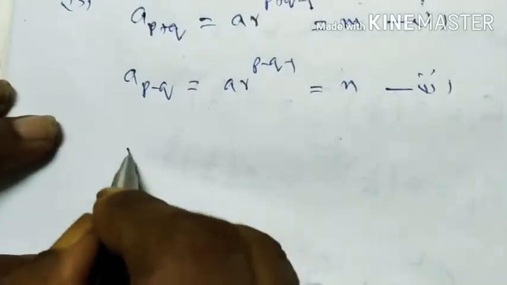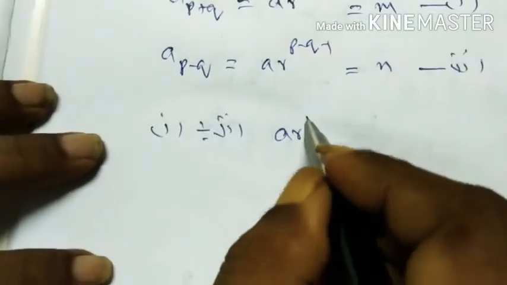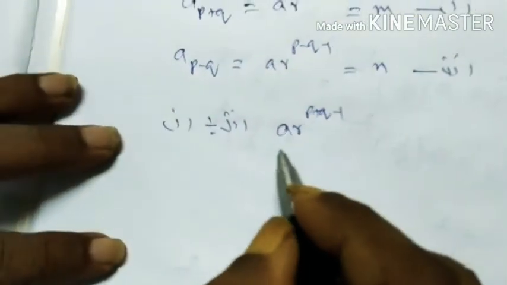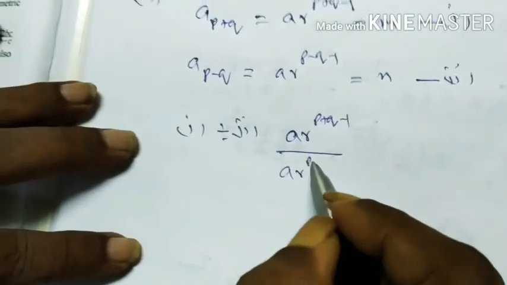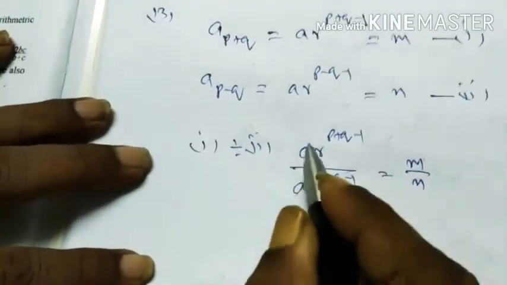Now I am going to divide 1 by 2. So A R to the power P plus Q minus 1 by A R to the power P minus Q minus 1 is equal to M by N. The A's cancel out.